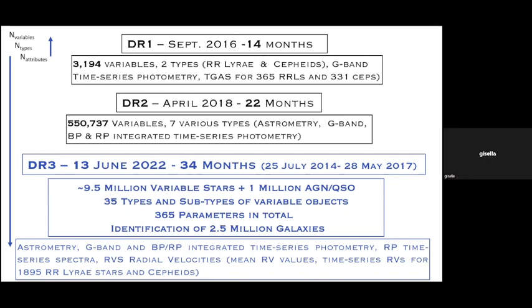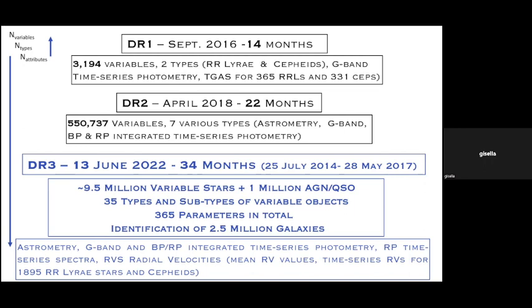And we have released a total of about 400 parameters for those sources, plus also identification of 2.5 million galaxies. For those sources, you get astrometry, G-band and BP/RP integrated time series photometry, and RP time series spectra for one specific type from the long period variables. I'll come back to this later.